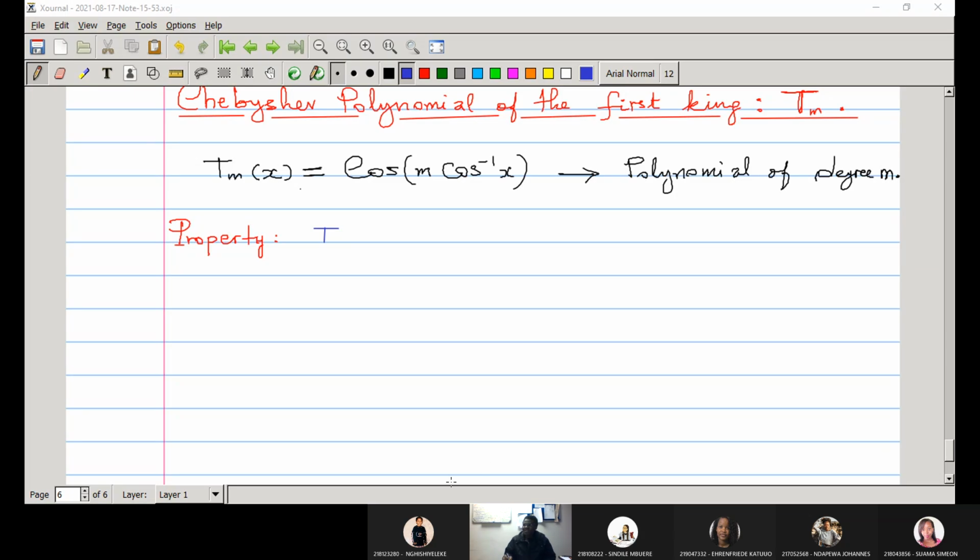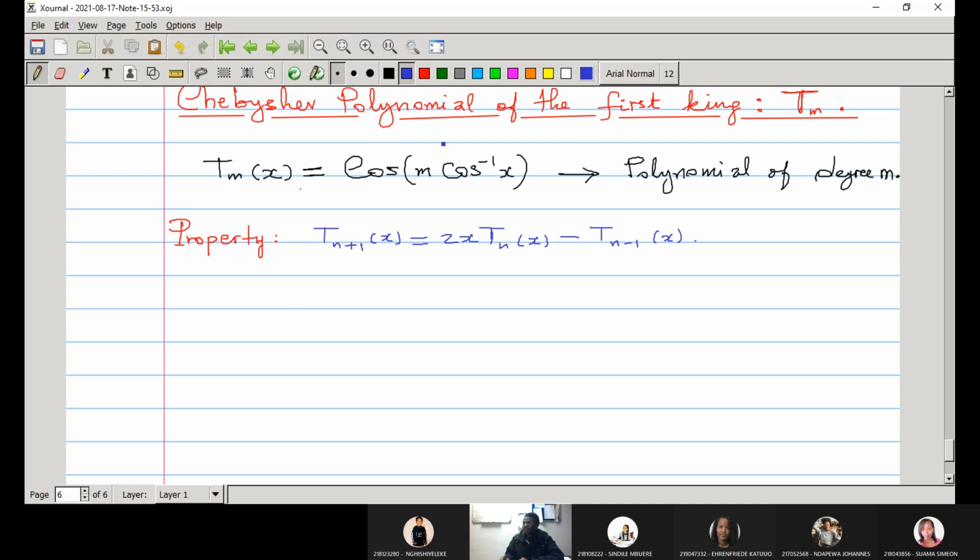Okay, so we are going to write our recursion formula. The recursion formula, we are going to write Tn plus 1 in terms of the preceding, right? In terms of the previous two terms, that is Tn and Tn minus 1. So how do we do that? So we have Tn plus 1 of x is equal to 2x Tn of x minus Tn minus 1 of x.